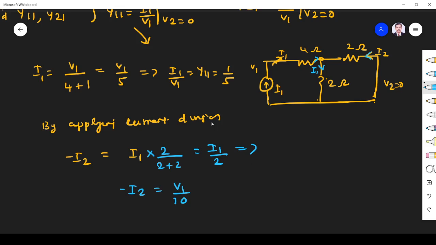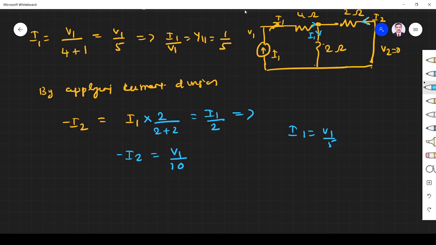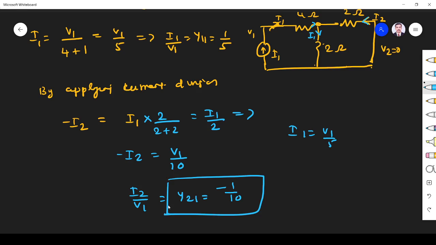What I need is Y21, which is I2 by V1. The minus comes to that side, so Y21 is minus 1 by 10. So we found Y21 and Y11.